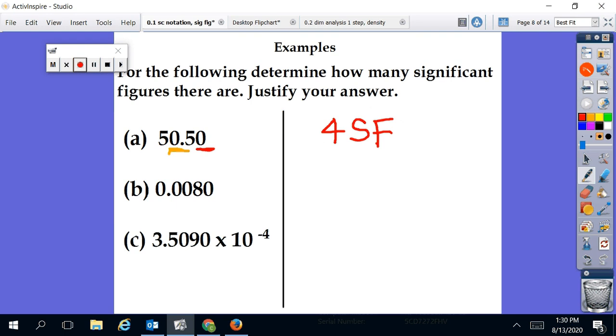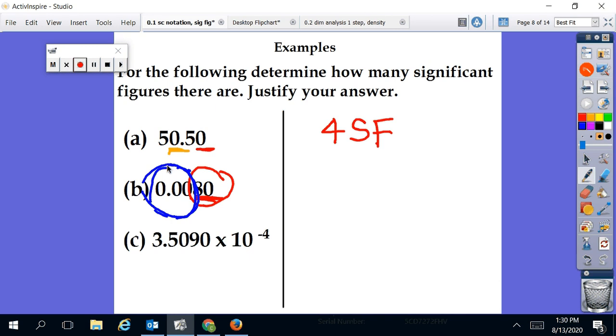In the next one, okay, remember one thing to emphasize, there's only 2 ways zeros are significant. If they're trailing or final after the decimal point, or they're sandwiched between significant digits. In this case, we have an 8, which is always significant, and a final 0 to the right of the decimal. Those are significant. In the case of the zeros here, they are not significant because they are not sandwiched and they are not trailing.